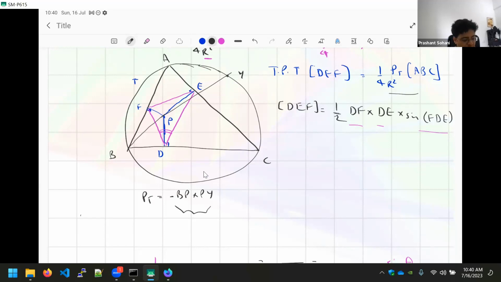So somehow I want to relate these segments, DF, DE with BP and PY. So can you see any connection? For example, what can you say about DF and BP? Is there anything special about DF and BP? Are they related to each other in any way? Can you say anything about the 4 points B, F, P, D?